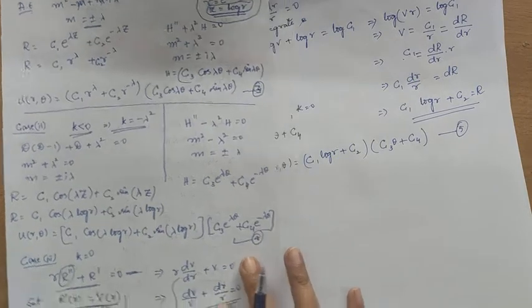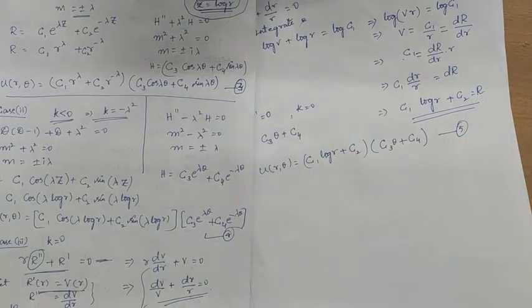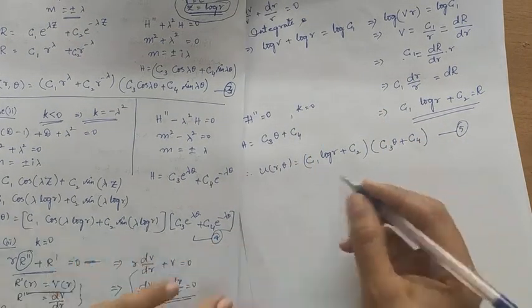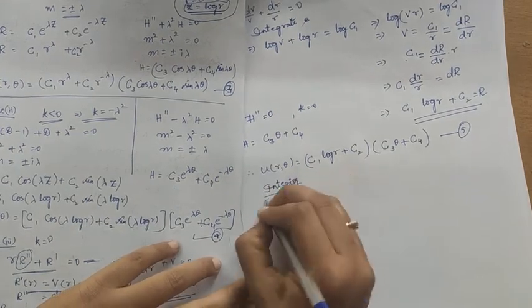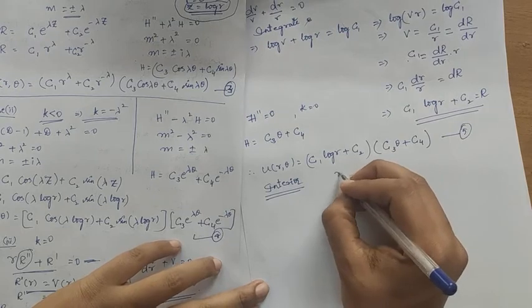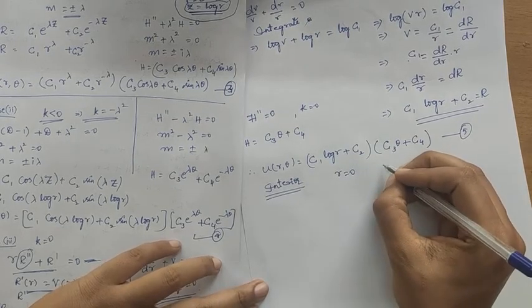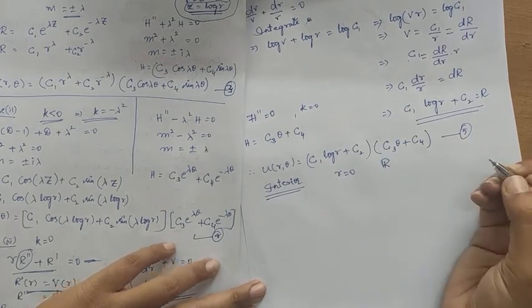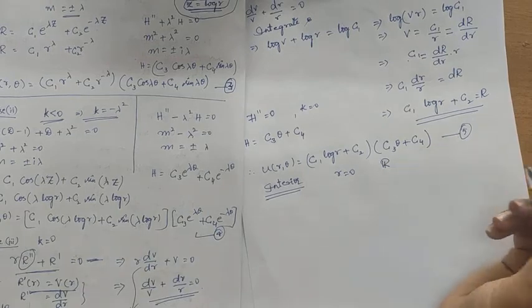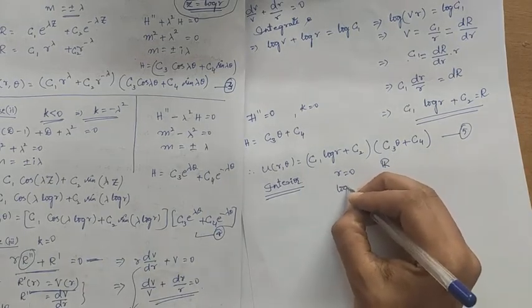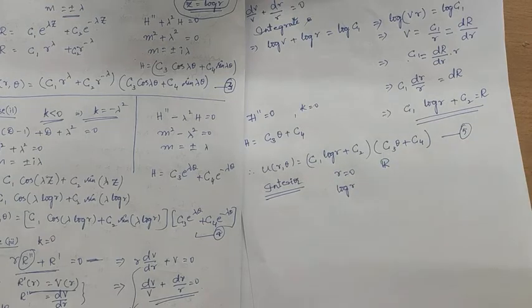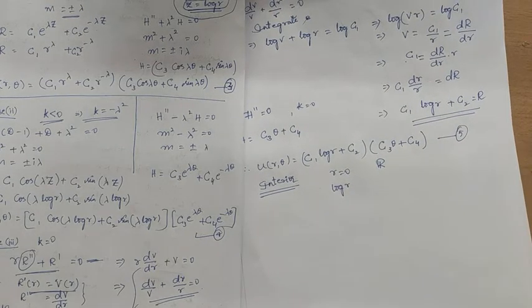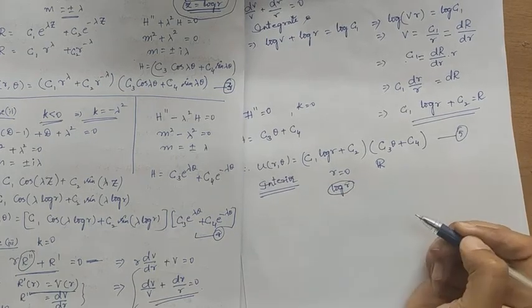Next we should find out the constants, correct? Since it is an interior Dirichlet problem, in this case we will choose r equal to 0 in the domain R. If r is equal to 0, we don't know the value of log r, that means log 0, and log 0 is undefined. So we will neglect the equations which contain log r.